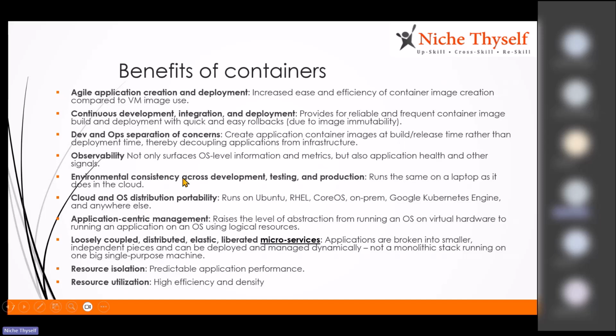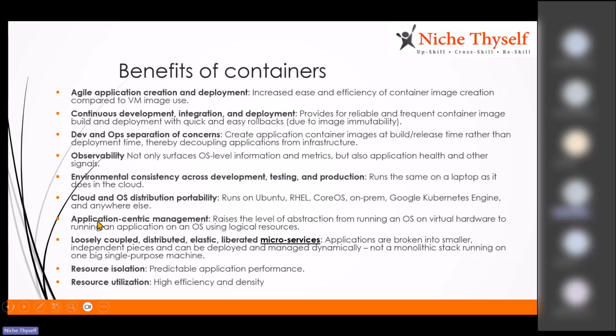You can check those compatibilities and quickly fix those issues, or at least at surface level you can take a good decision whether this piece of software is really compatible with this operating system or not, and whether we should migrate to that operating system, or whether that particular application should sit on this particular OS or not. So those are the advantages. Environmental consistency across development, testing, production. The same image is being used everywhere, right?